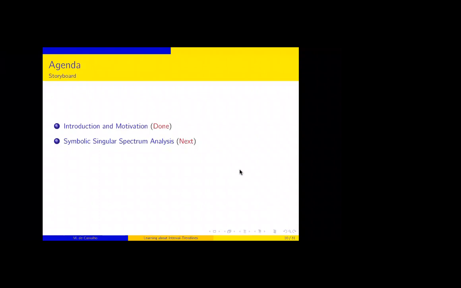There's more detail in the paper, but I'll try to give you the main intuition about the ideas underlying the method. At the end there will be a real data illustration, and there I'll also offer some closing remarks.